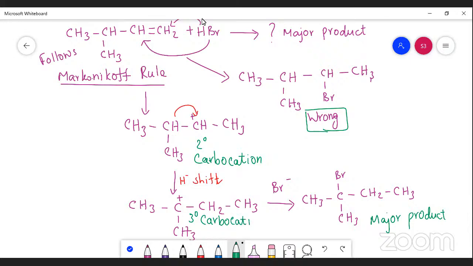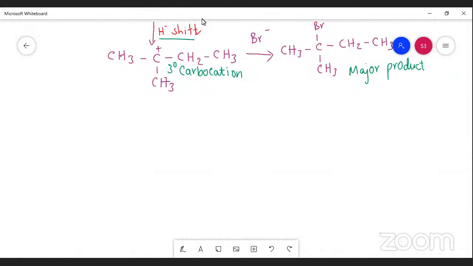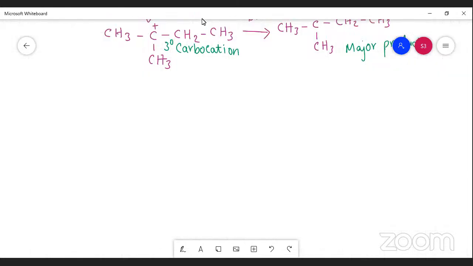Here we take the secondary carbocation, so a hydride ion shift is possible. Now this is Markovnikov and that is the anti-Markovnikov rule, which is otherwise known as the peroxide effect, also in presence of metals.